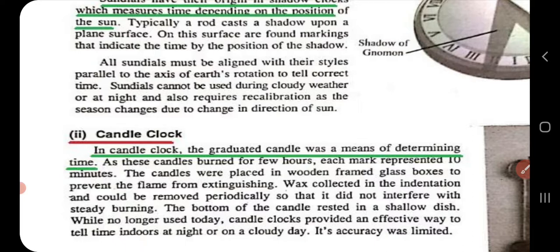Sundials are not used during cloudy weather or at night because the shadow cast by the sun will not be proper during these times, and it also requires recalibration when the season changes. Why? Because as the season changes, the direction of the sun will also change. So during change of seasons, sundials have to be recalibrated. So that's all about the sundial.